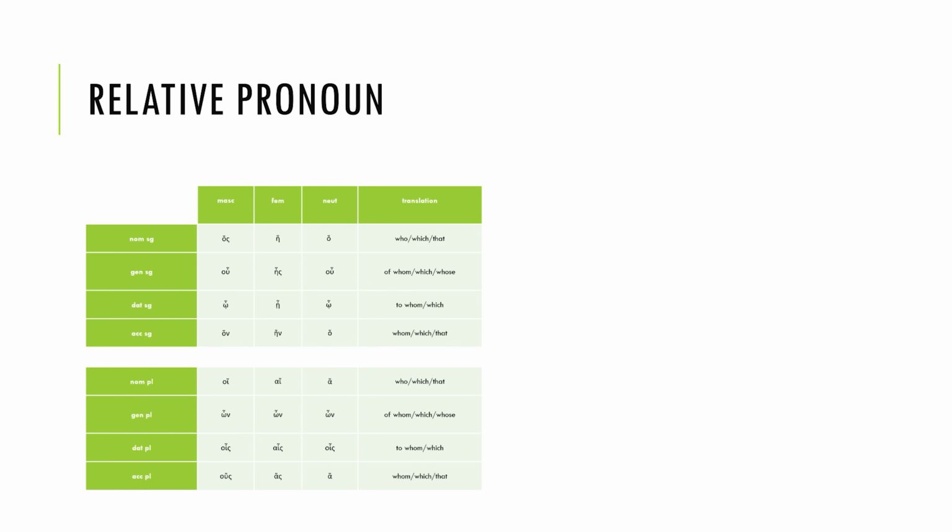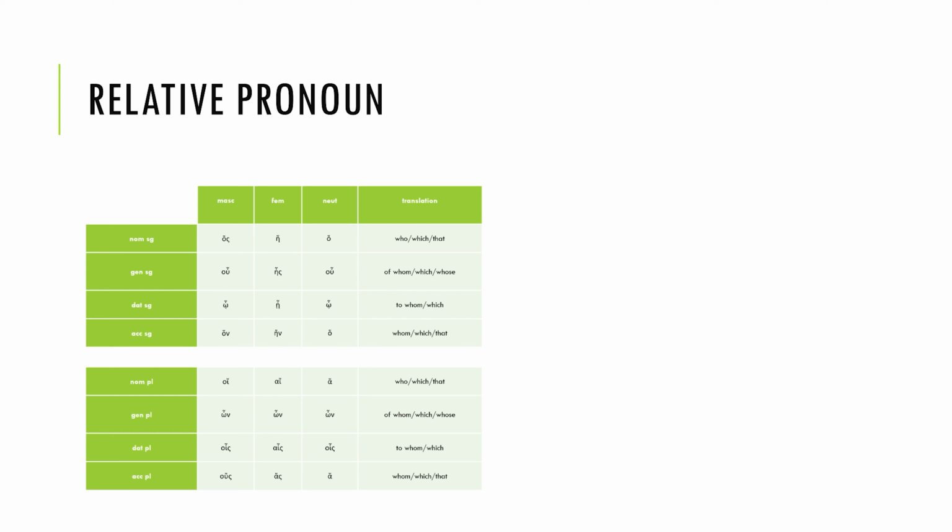But you've got basically the same thing we've been looking at the entire course. They are inflected with meaning just like everything else. So you have your nominatives. Genitive would be of whom. The dative would be to whom. Your accusative would be whom.